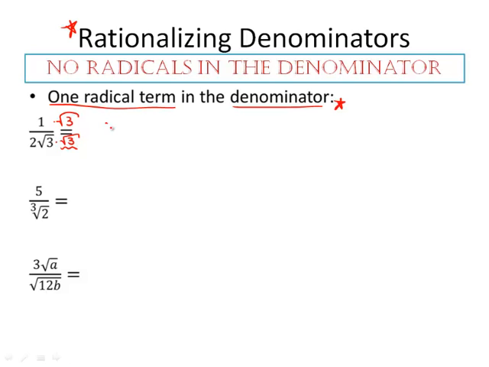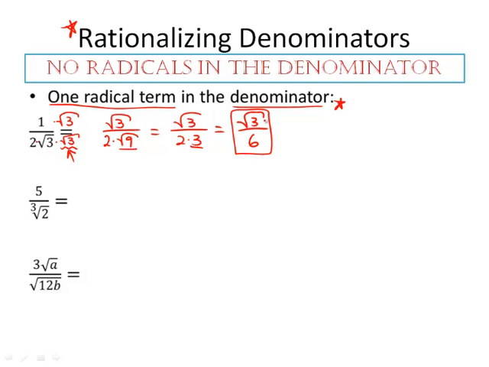This leaves us with root 3 over 2 times root 9, which is root 3 over 2 times 3. We wanted to multiply by root 3 because that caused it to become a perfect square, which then simplified to a nice integer. That leaves us with root 3 over 6.